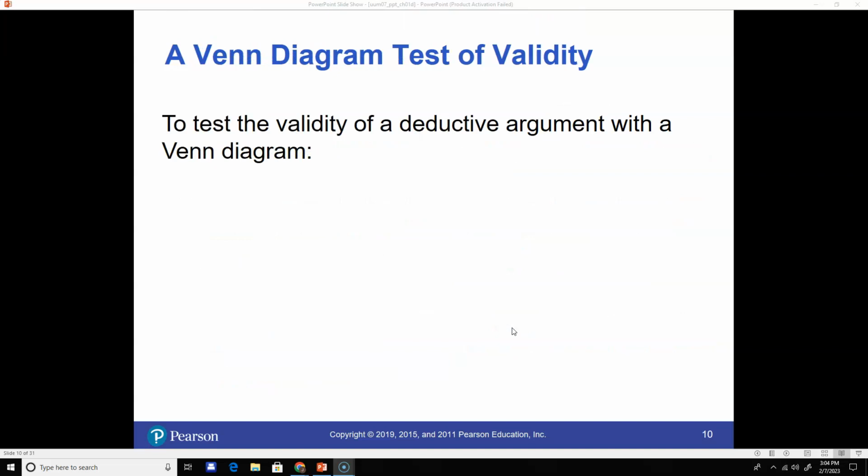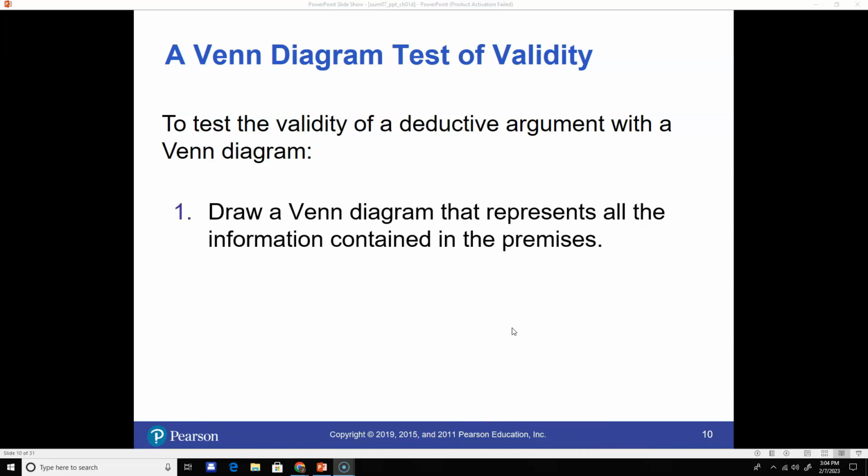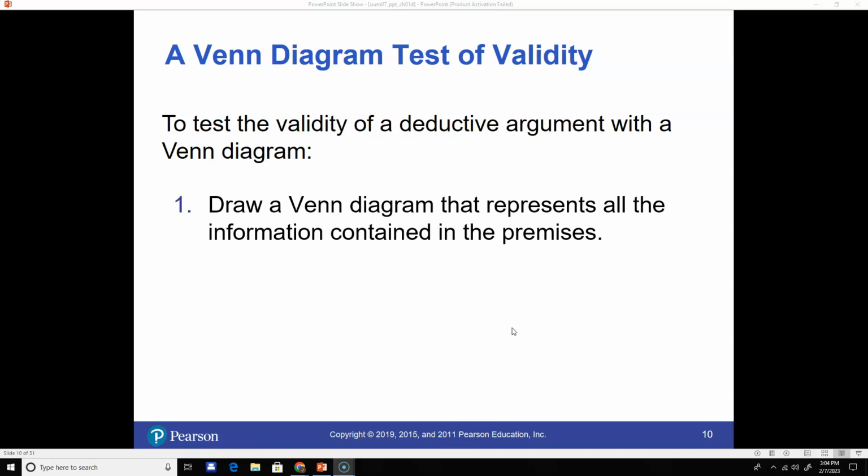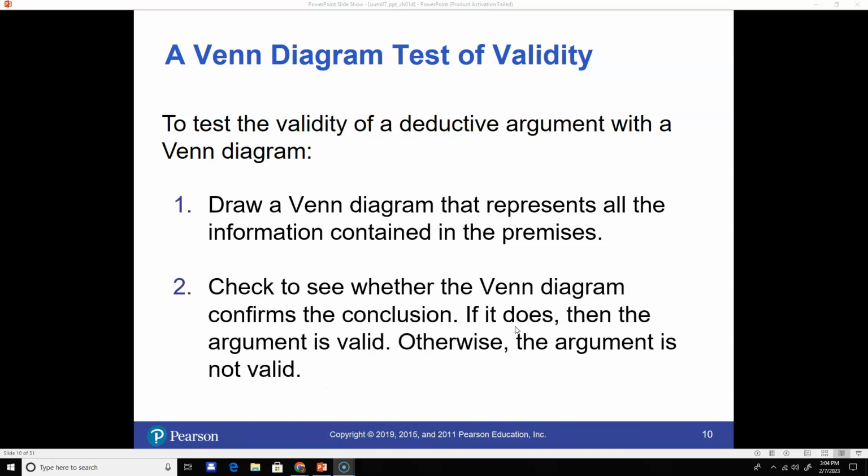So testing validity, sometimes you can do this with Venn diagrams. Typically, I don't use Venn diagrams in this way. Draw a Venn diagram that represents all the information contained in the premises, and then check to see whether the Venn diagram affirms the conclusion. If it does, then the argument is valid. Otherwise, the argument is not valid.